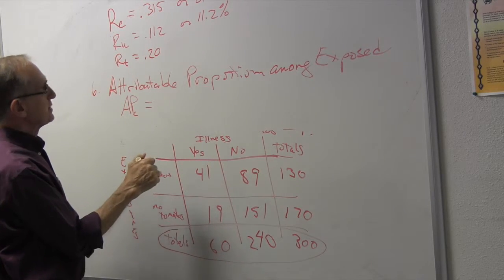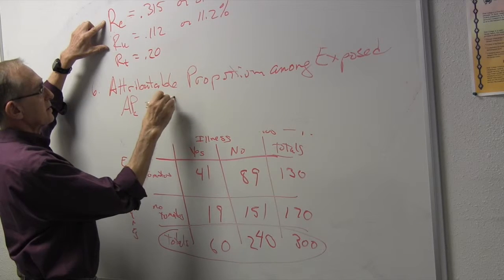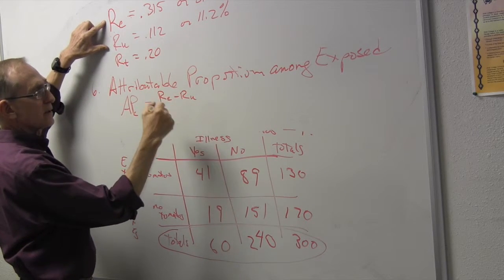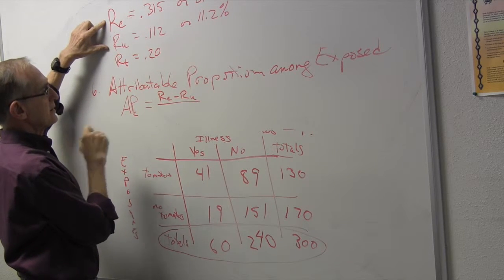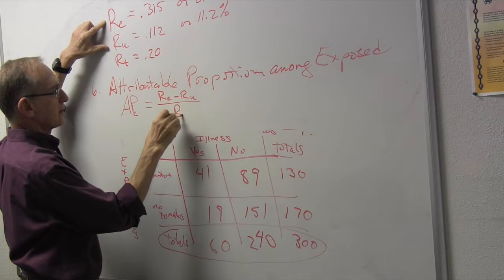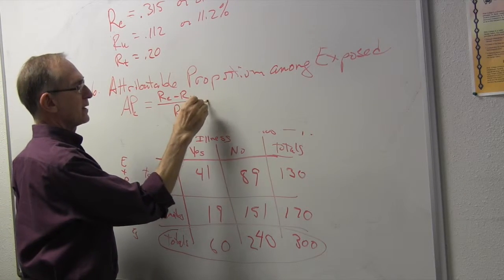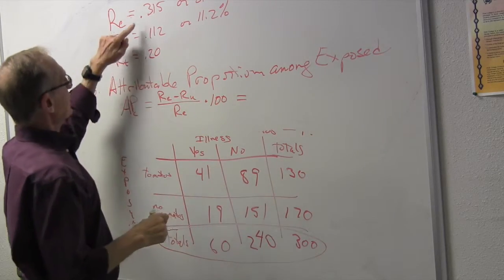And the formula is simply the risk difference that we already calculated, rate in the exposed minus the rate in the unexposed. That's the RD that we calculated already above. But in this case now we divide by the rate in the exposed and take it times 100 so that it becomes a percent.